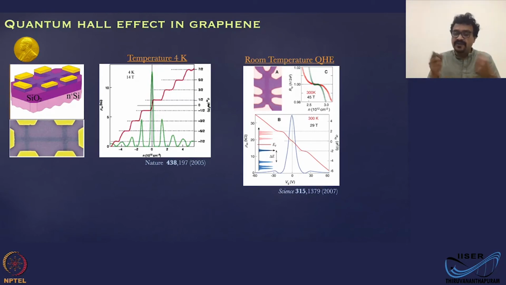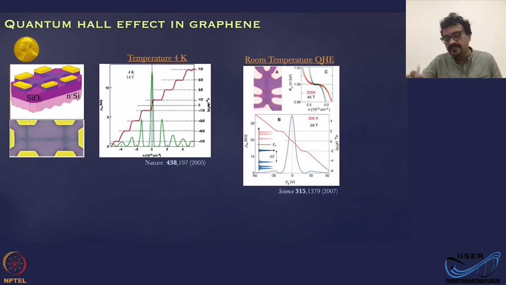It is a sheet of carbon atoms, and one of the first experiments after extraction of a sheet of carbon atoms from graphite is the magnetotransport, where you apply a magnetic field perpendicular to the plane of the sheet, where you have a backgate which is highly doped silicon, and there is a silicon dioxide gate oxide. Then you have the sheet of graphene, which is patterned in the form of a Hall bar. This is the top view of that.